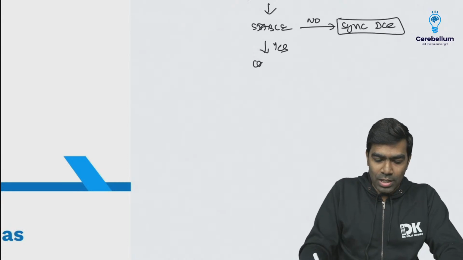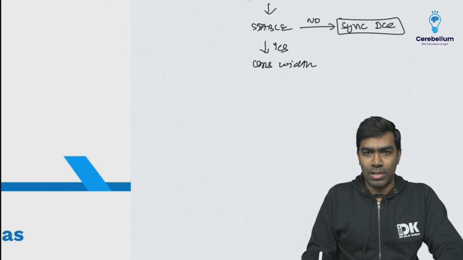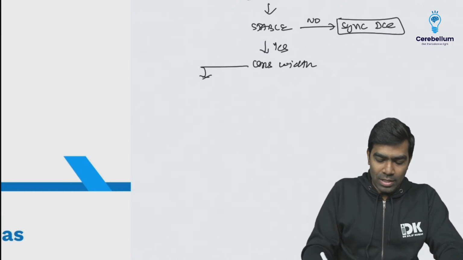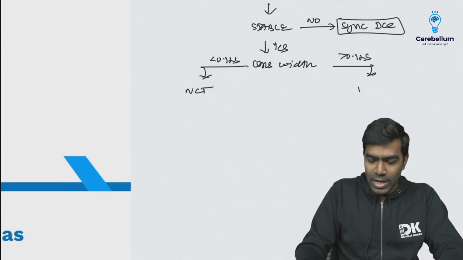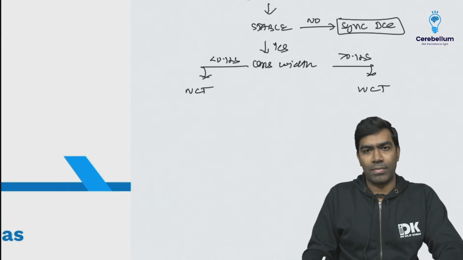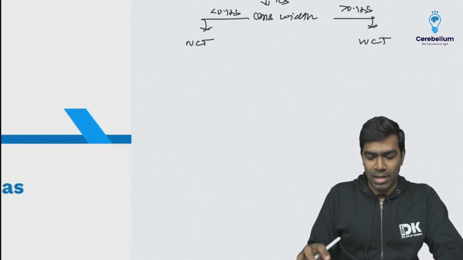For that, you need to see the QRS width. If the QRS width is less than 0.12 seconds, you call it narrow complex tachycardia. If the QRS width is more than 0.12 seconds, you call it wide complex tachycardia.